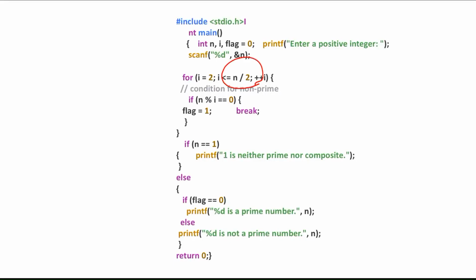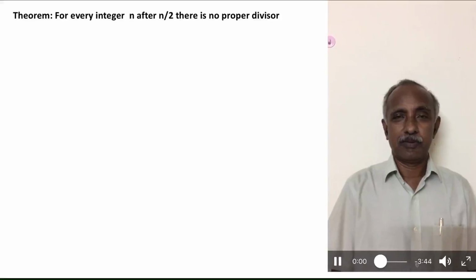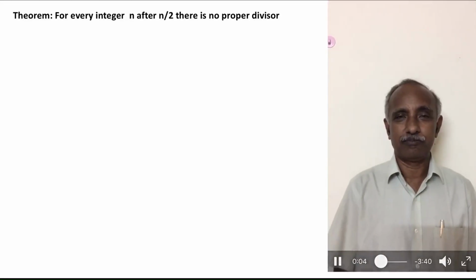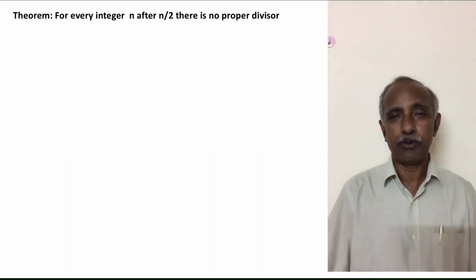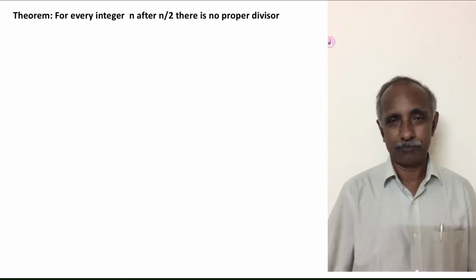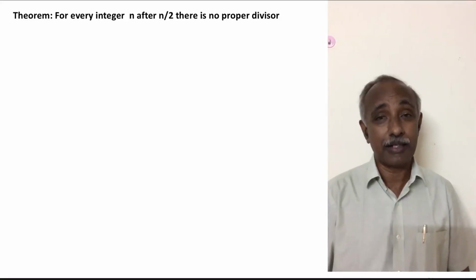That also you can see. So what is the mathematics in that? Now we are mathematically going to justify why we can go up to n by 2 in the prime number checking program. So I made it as a theorem. It's not available in the book, but for your reference I am giving this as a theorem.